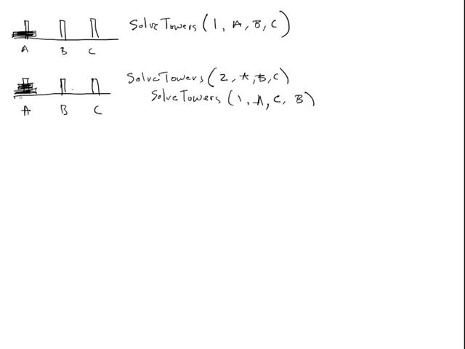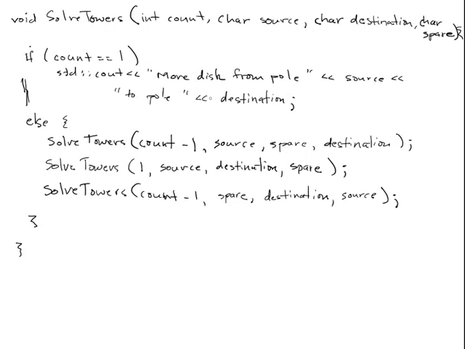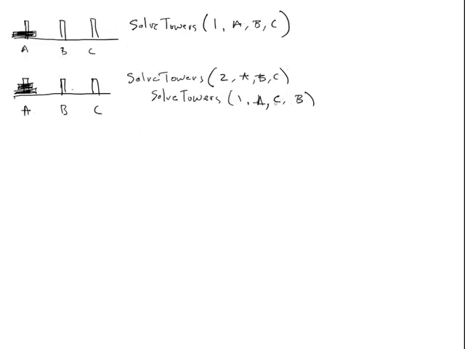Well, we know that we need to move this small disk over to C. Well, what happens? This is 1. So we know that based on our code, we're going to move the pole. So this says we're going to move the disk from pole A, which is our source, to pole C, which is our destination. And you can see that's exactly what these parameters say.